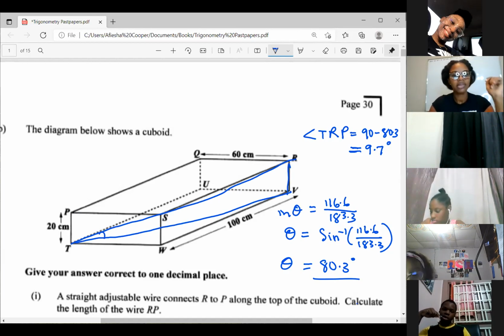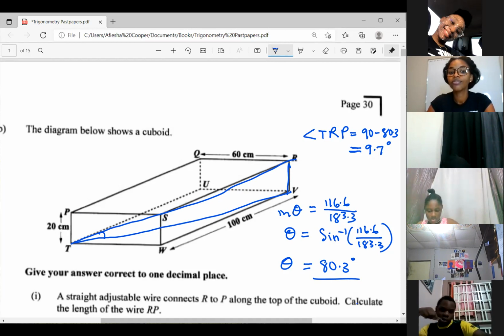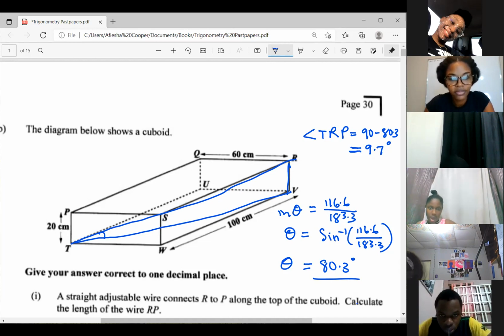What angle is the same as that one there? PTR. PRT. Would it be PRT?